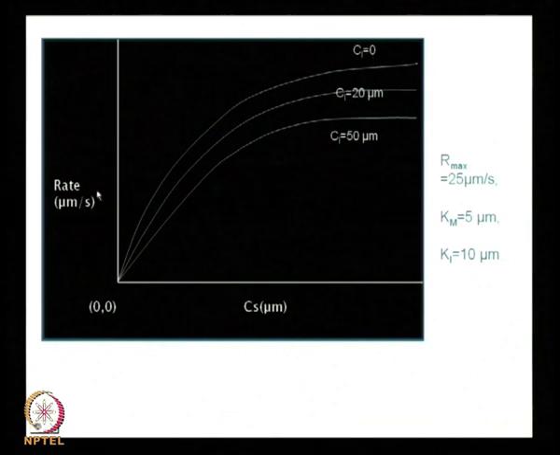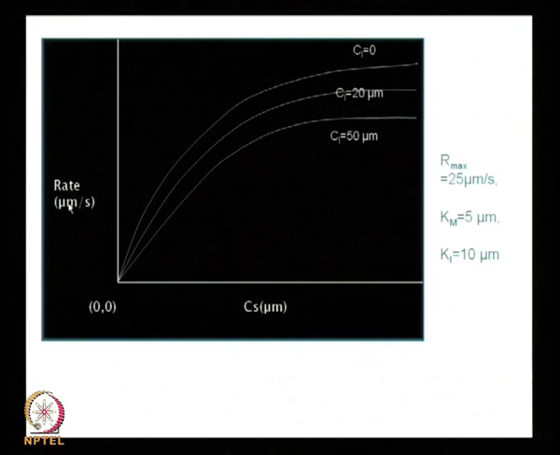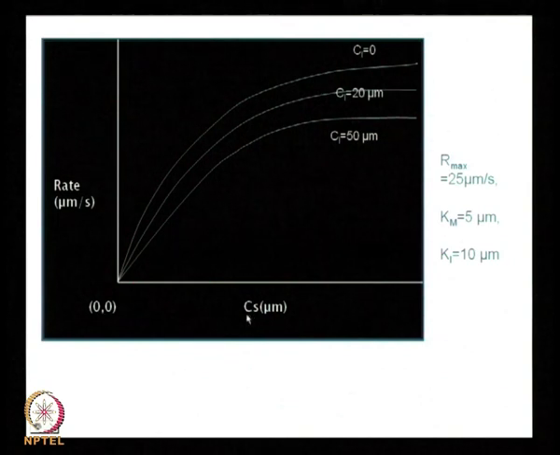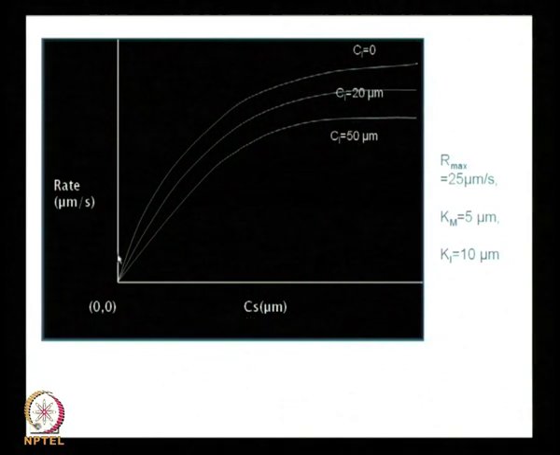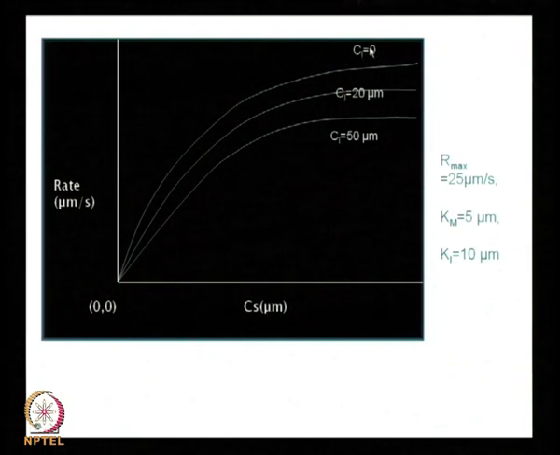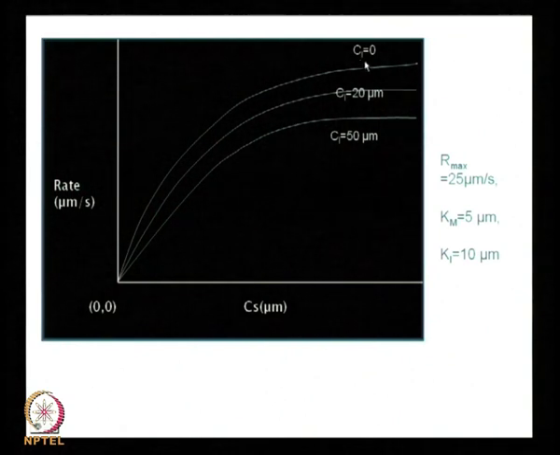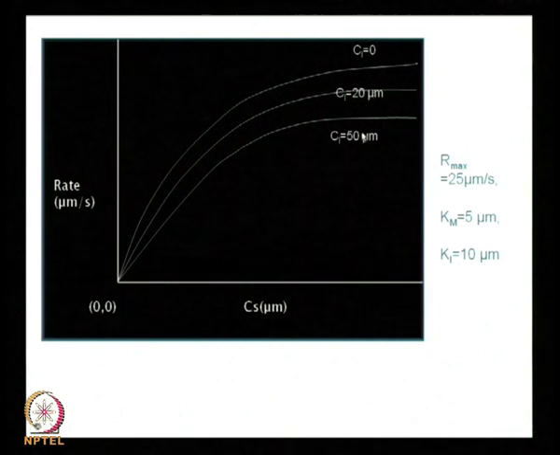These are the rates in micromolar per second on the y-axis, and the x-axis is the concentration of the substrate Cs in micromolar. And what are these Ci's on top that you see? These are the inhibitor concentrations. The top graph is for no inhibitor at all, the second one is for inhibitor equals 20 micromolar, the third one is for inhibitor equals 50 micromolar.